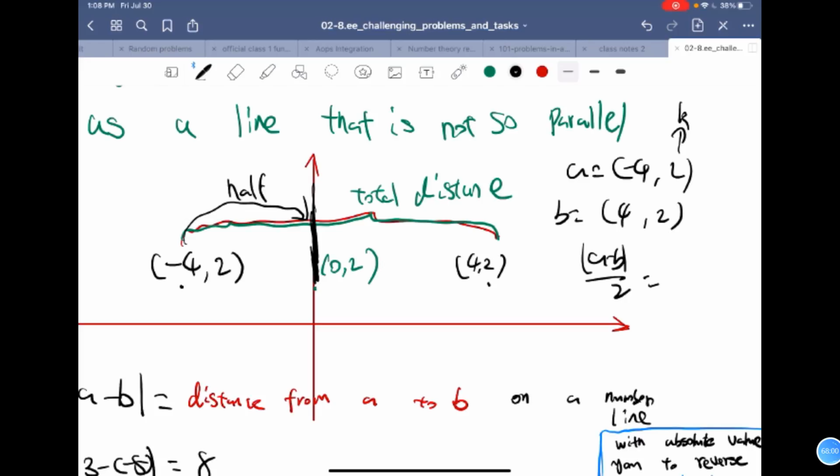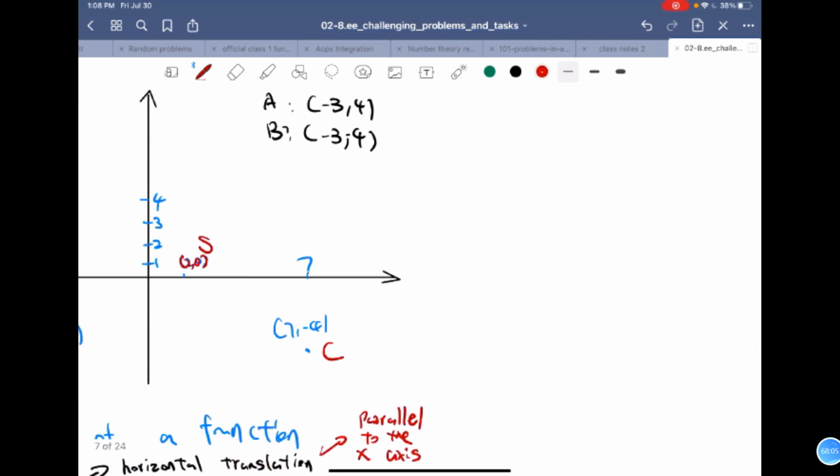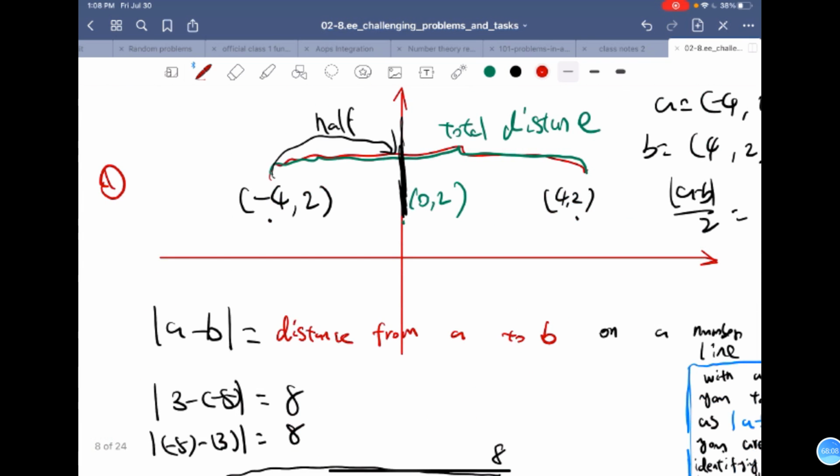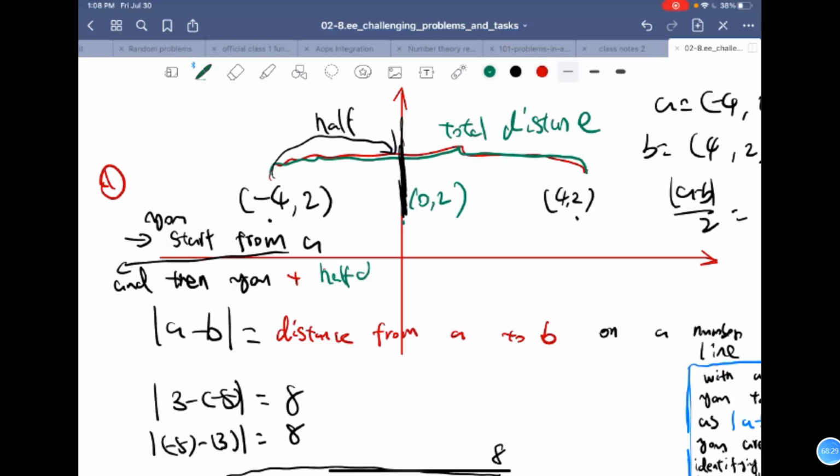Oh no, yes, minus a. You have to plus A, right? Because you are starting from A. You start from A, and then you plus half distance. Right? Yep.